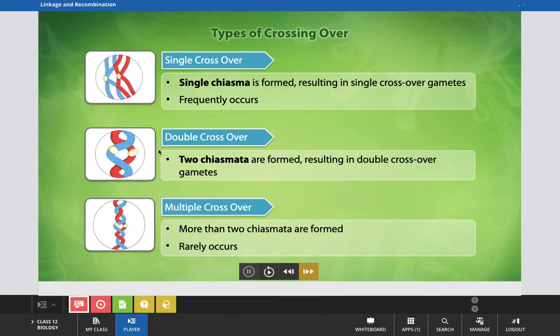Double crossover: here two chiasmata are formed, resulting in double crossover gametes. And multiple crossover: here you can see 1, 2, 3, 4, 5, 6, more than two chiasmata are formed, and this is a rarely occurring type of crossing over.